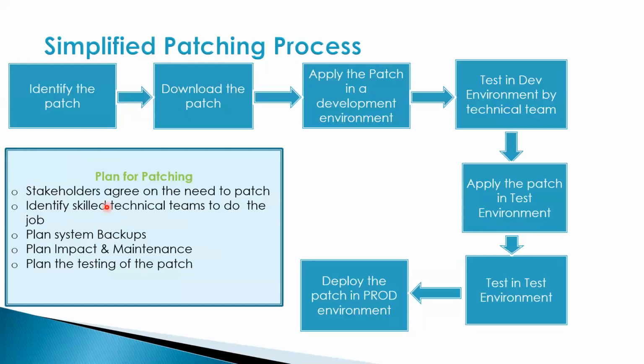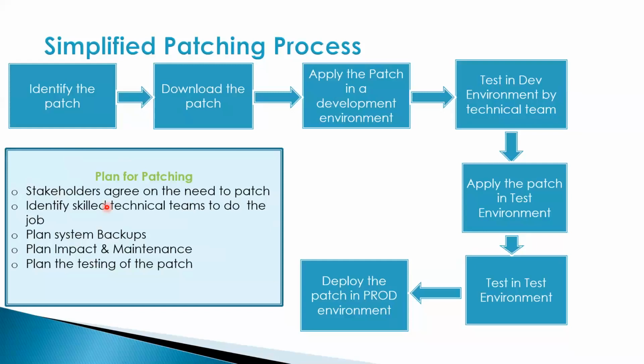Where can you go and find the original system? You need to have a backup system, in case of anything. And then you need to plan the impact and maintenance of the system.